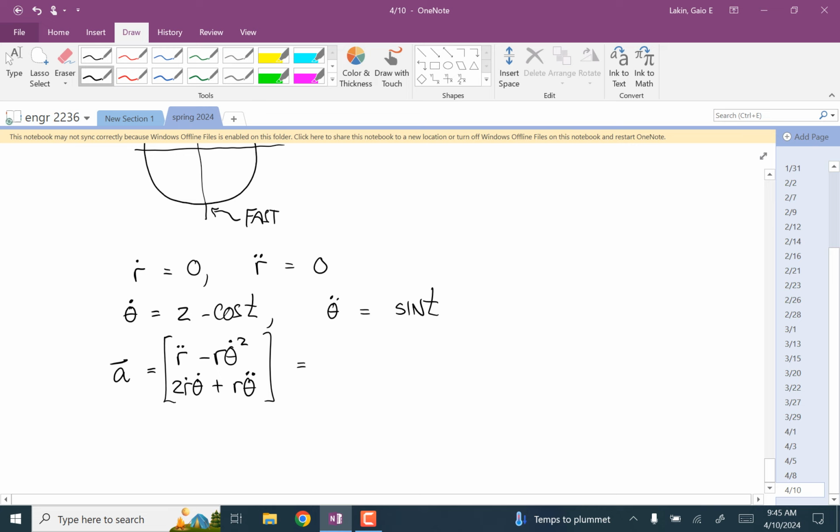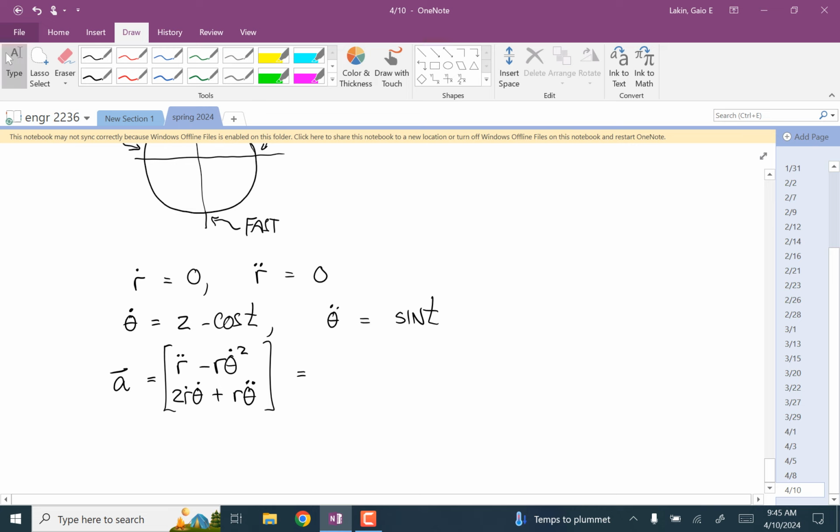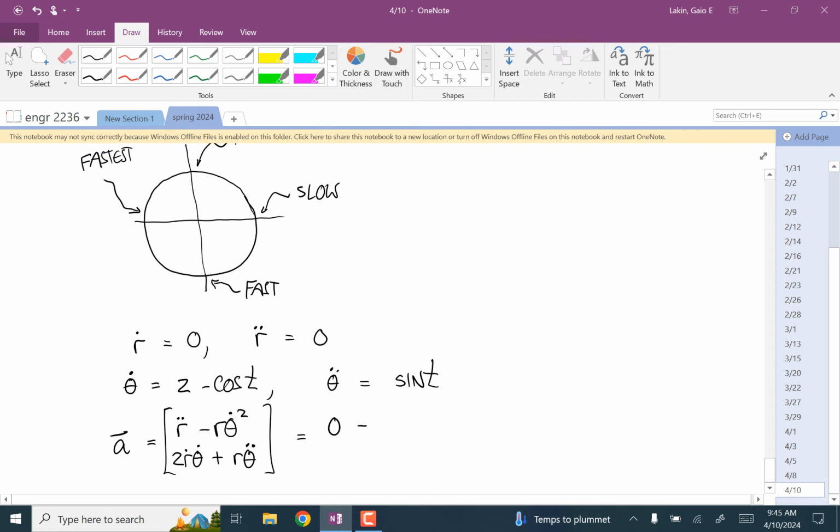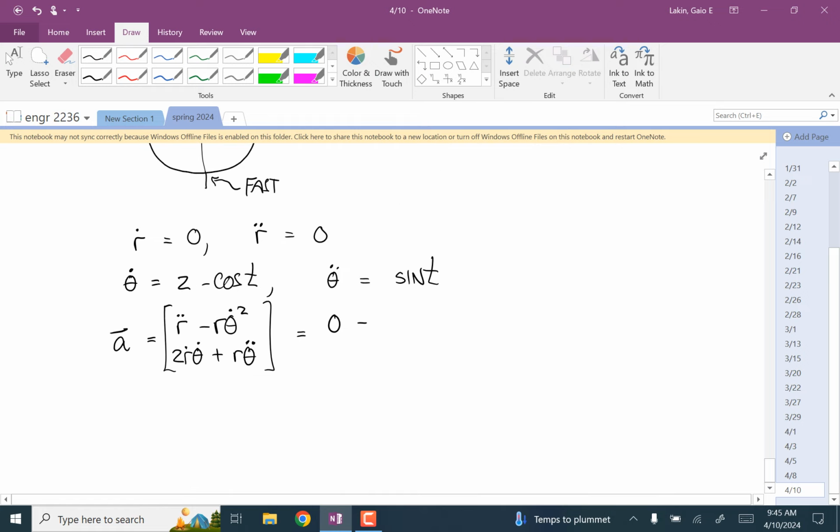Now just plug these values in and you get 0 minus, what was our r, 5? 5 times 2 minus cosine t squared.